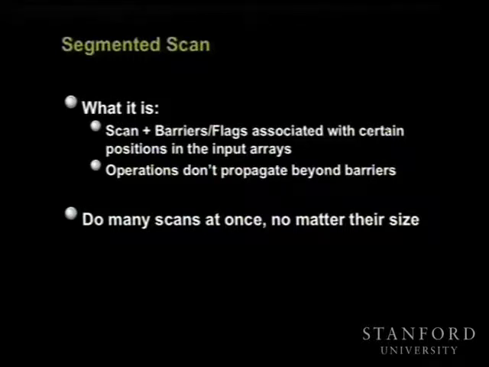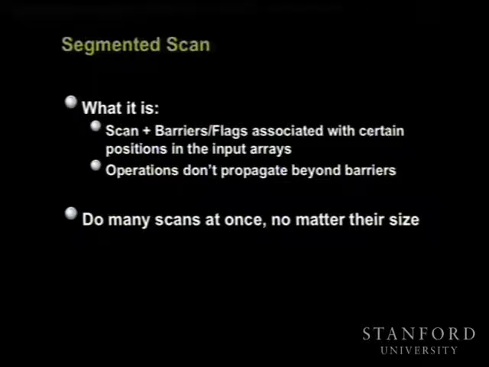If you have something where you don't know until you've actually touched the data how many regions you're going to have, how many blocks you're going to have, and how big and where those are, then segmented scan is the operation for you.